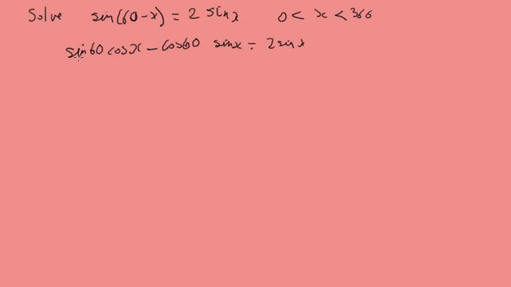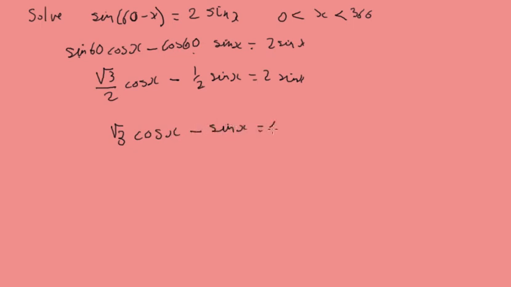We'll replace the sine 60 and the cosine 60 with root 3 over 2 cosine x minus half sine x equals 2 sine x. Now we're going to multiply through by 2 to get rid of these halves. So that'll give us root 3 cosine x minus sine x equals 4 sine x.